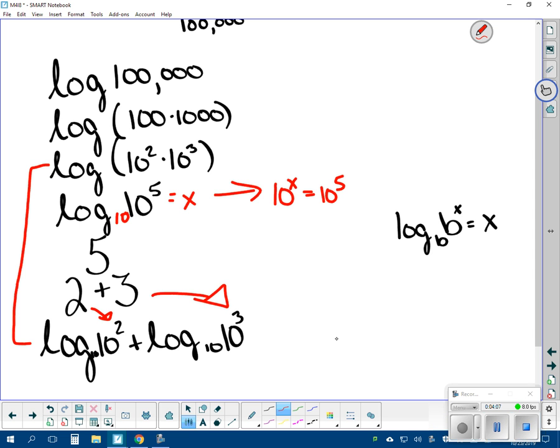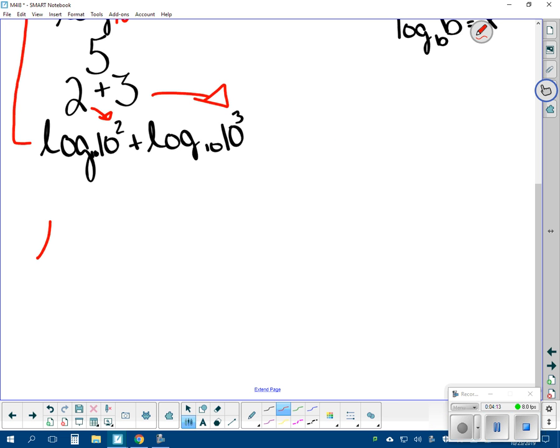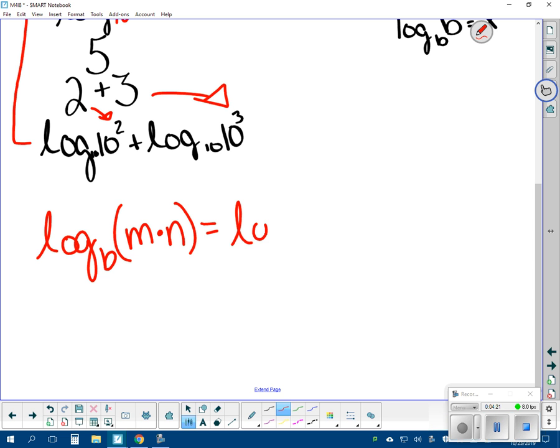The first of the 3 properties says if you have log base b of m times n, you can rewrite it as log base b of m plus log base b of n.